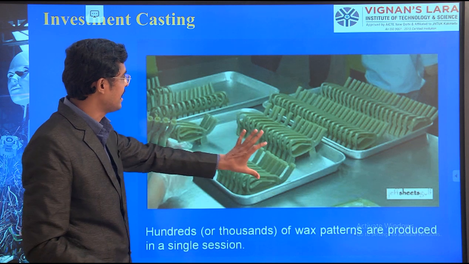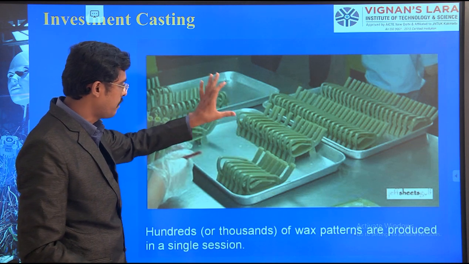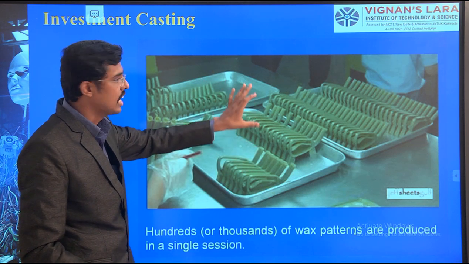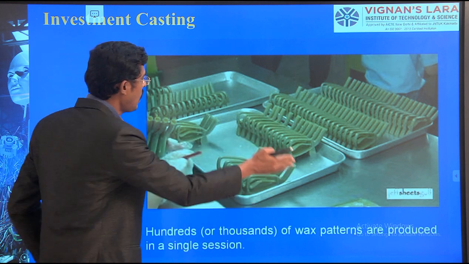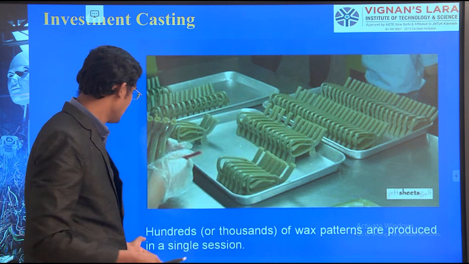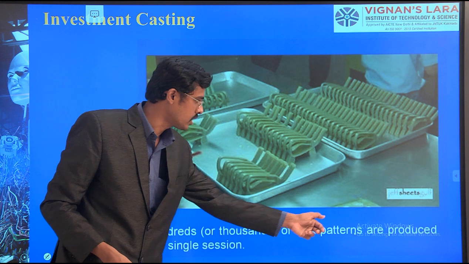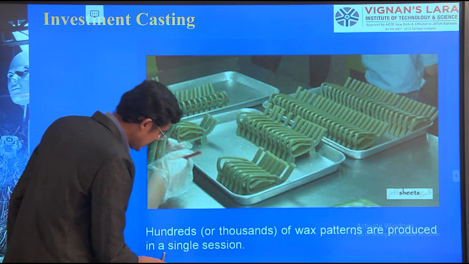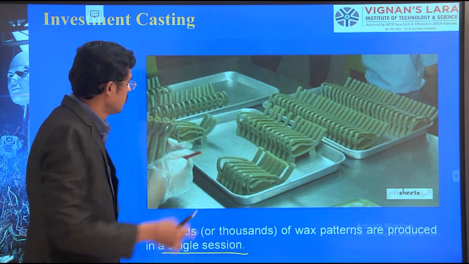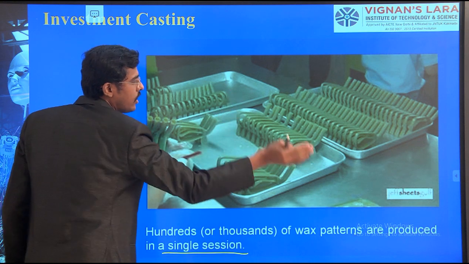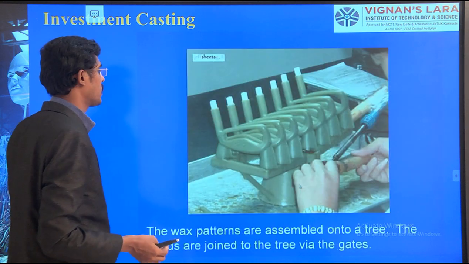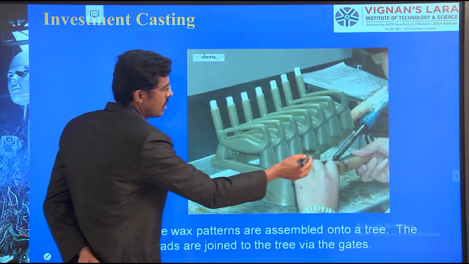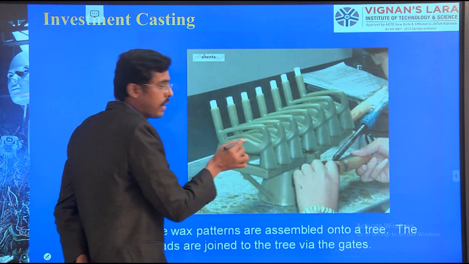For the hundreds of wax patterns, they are prepared all together on a single tree. Hundreds or thousands of wax patterns are produced in a single session. We are assembling and pouring at a common tree. See, in this picture you can clearly see we are waxing these various pattern designs.